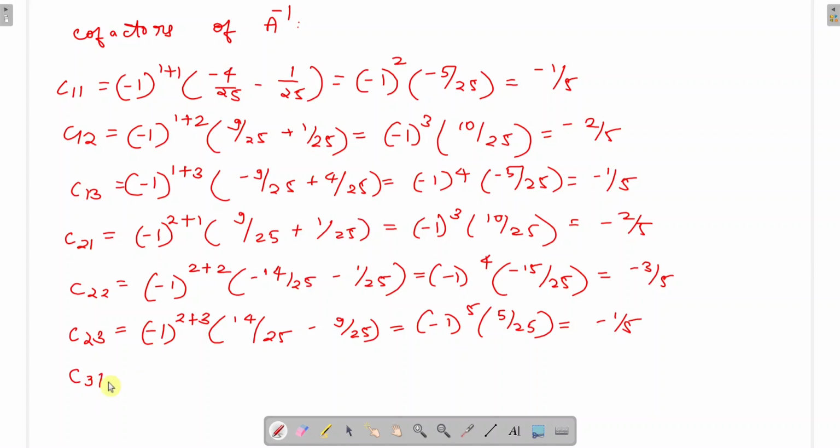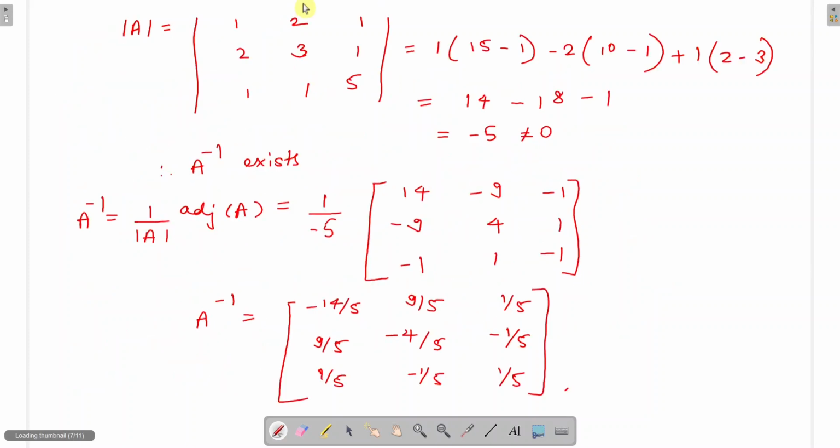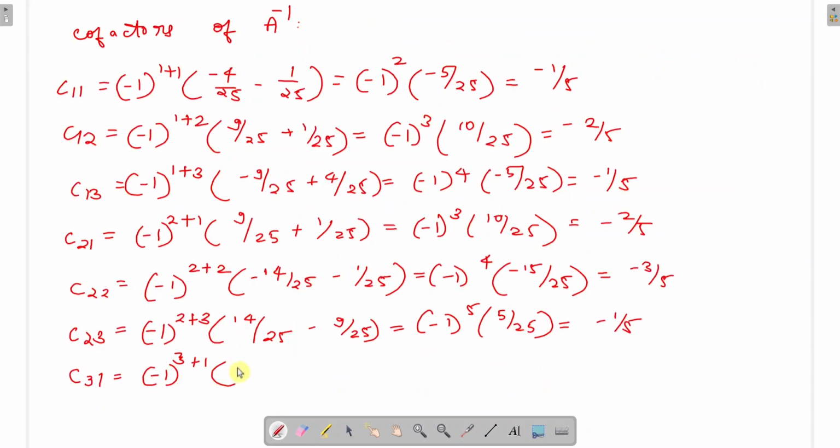Then C31, minus 1 raised to 3 plus 1. So third row and first column here, minus 9 by 25 plus 4 by 25. So that is minus 1 raised to 4 times minus 5 by 25, which is minus 1 by 5.